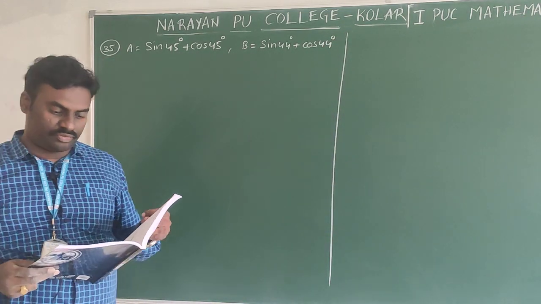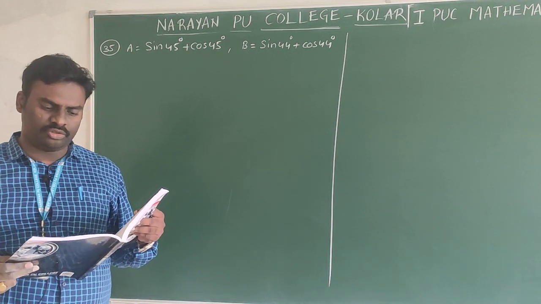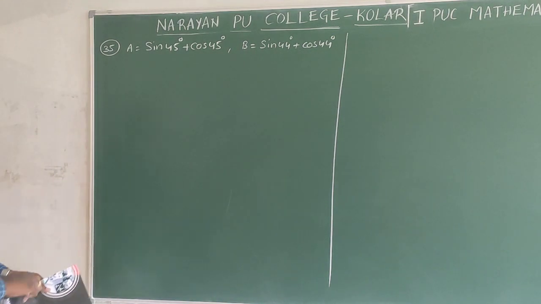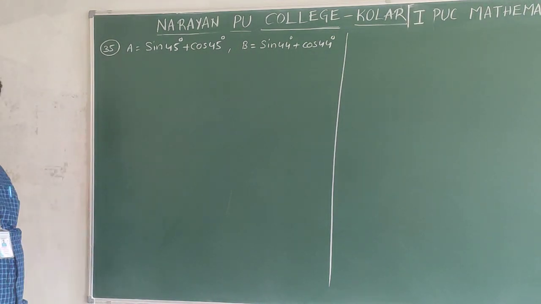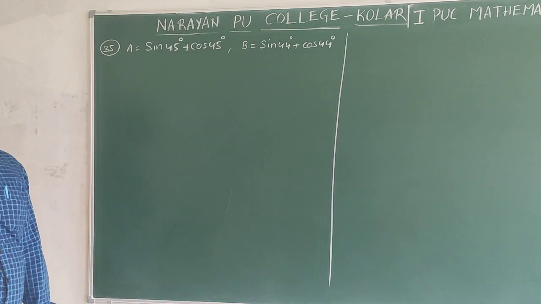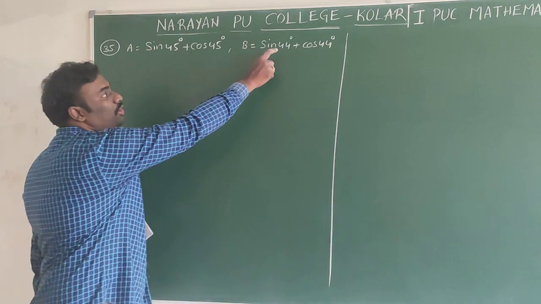From this we need to find the relation between A and B. See here, if I write directly, sin 45 we already know, cos 45 we already know, 1 by root 2 plus 1 by root 2, that is nothing but root 2. But we don't know 44.